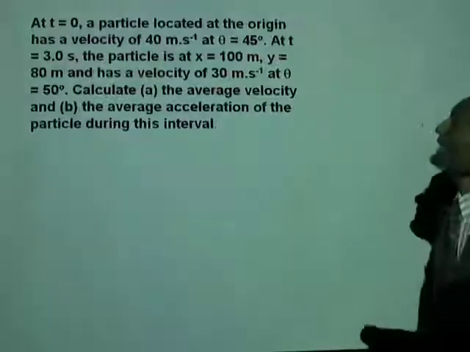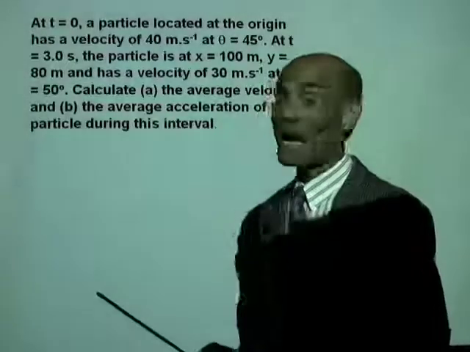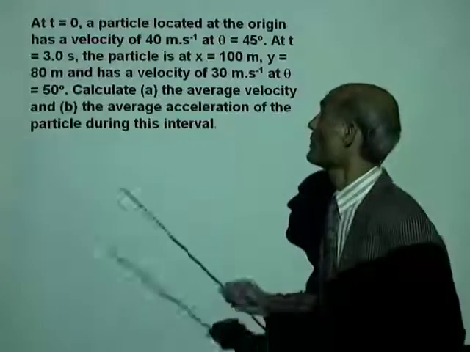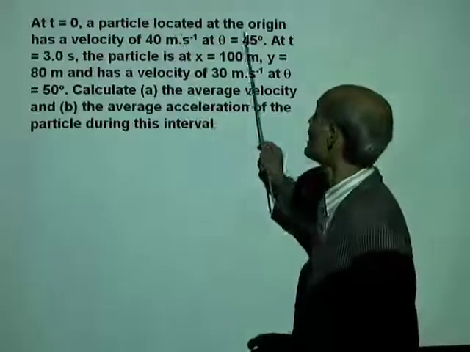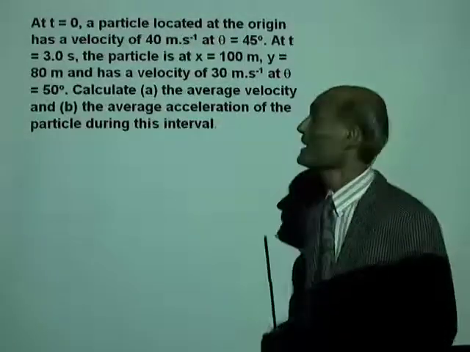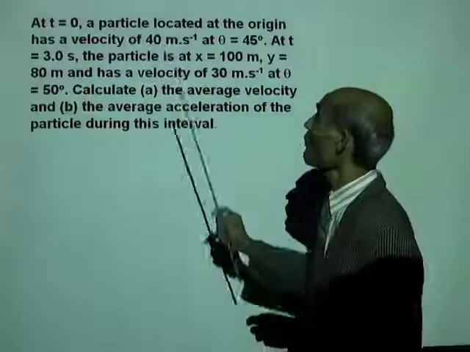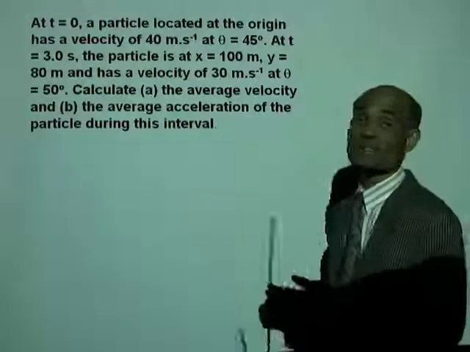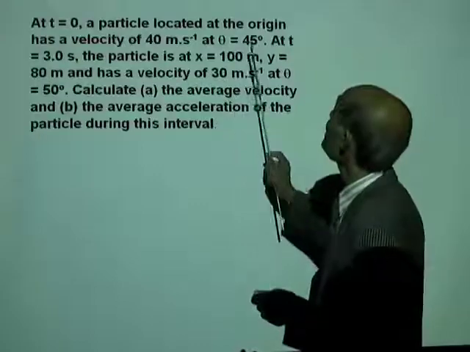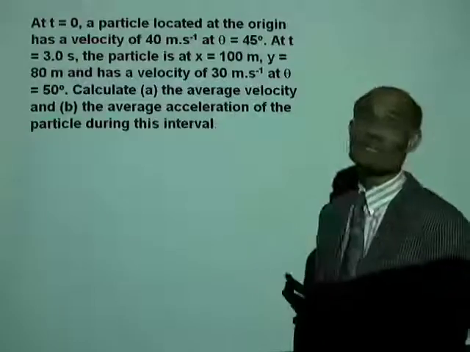Okay, let's look at another problem. At t equal to 0, a particle located at the origin has a velocity of 40 meter per second at an angle theta equal to 45 degrees.